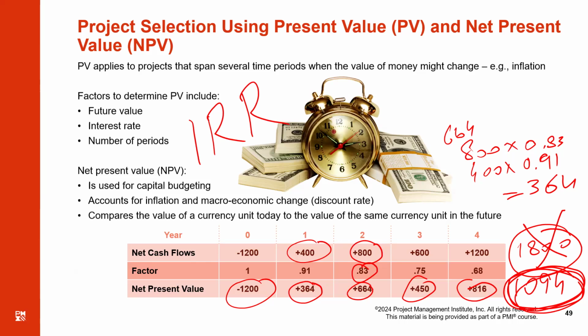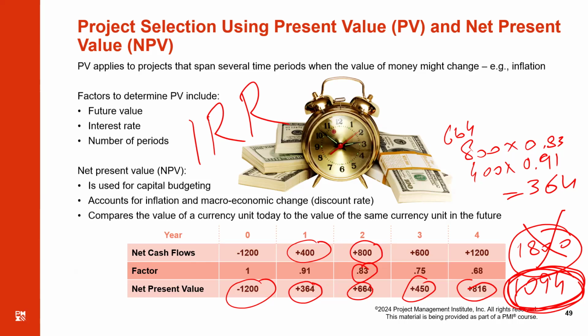If I compare it with many projects, there is another project which is giving me 15% IRR. Another project is giving me 20% IRR. So whichever project is giving me maximum IRR, I will choose that. This method is called internal rate of return.